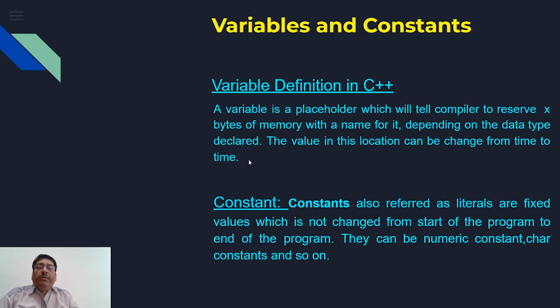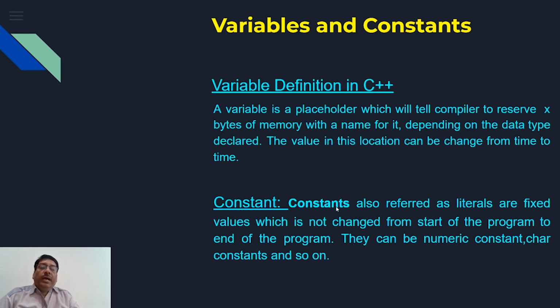For example, if I declare integer a, it means a is a variable of type integer. So a is given a memory of 4 bytes by the compiler, those 4 bytes are given the name a, and in these locations you can store an integer value, that is, a number without any fractions.